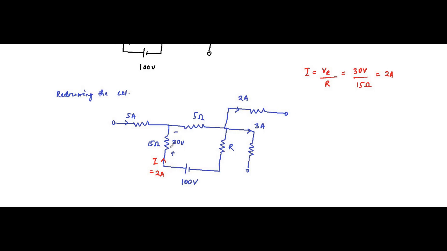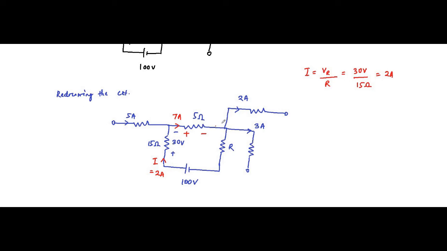Here 5 ampere is coming. 2 ampere plus 5 ampere, basic KCL application. This current flowing through the 5 ohm resistor will be 2 plus 5, which is equal to 7 ampere. Again, polarity will be like this, plus minus, because current always flows from positive to negative.